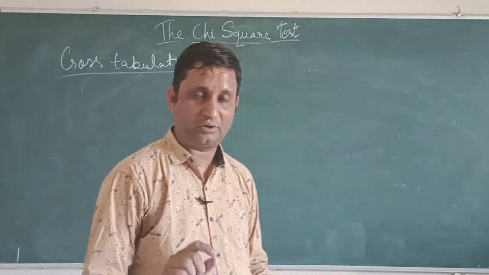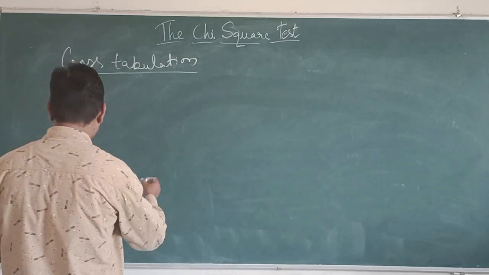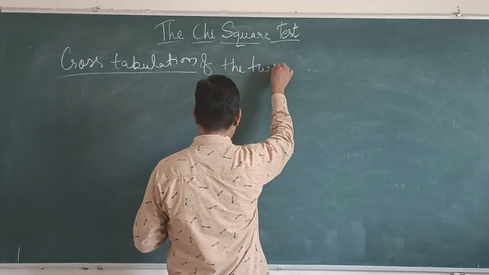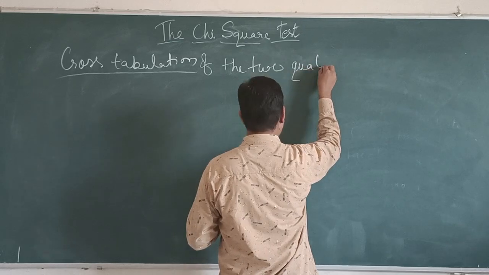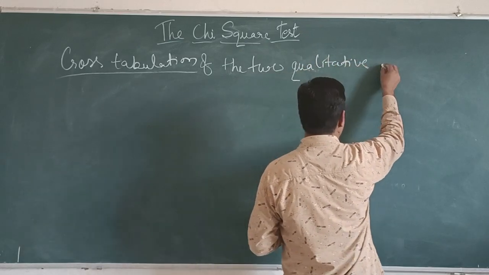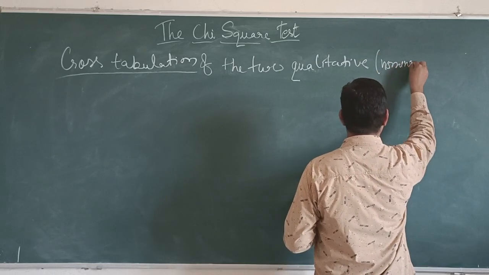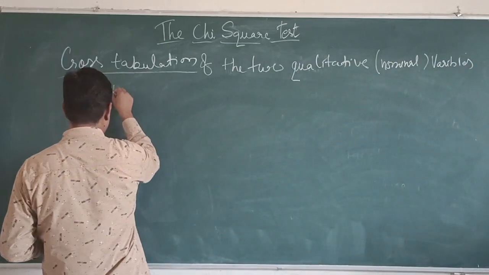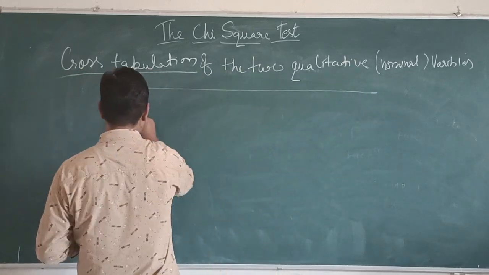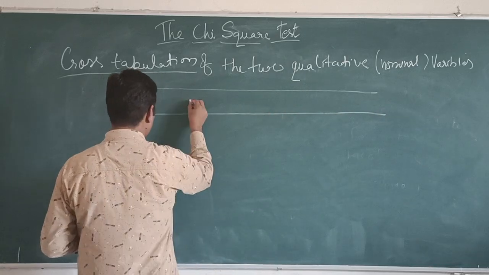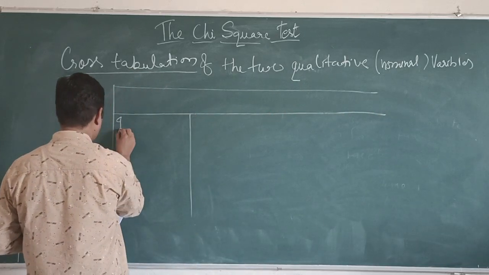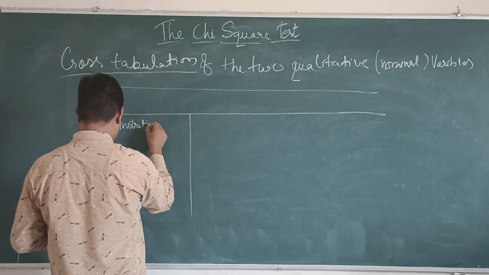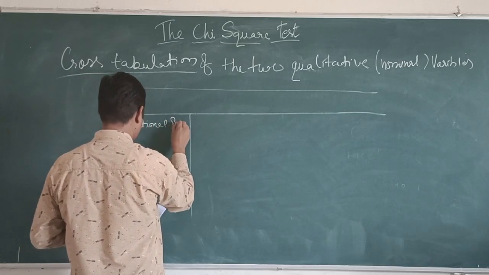For example, we will draw the simplest cross tabulation of two qualitative variables, which are nominal variables. In the first part, we can say instructional preference.